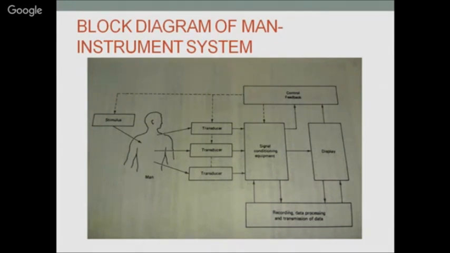Because it is not possible for a doctor to see his patient's information online. So offline is also required. For offline, you will have to implement some recording instrument there. And if you are using telemedicine technology, then transmission is also a very important thing. Nowadays we are talking about telemedicine. Still, it is not implemented in a very good manner, but we are talking about it.